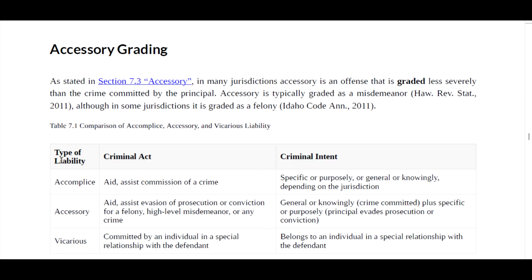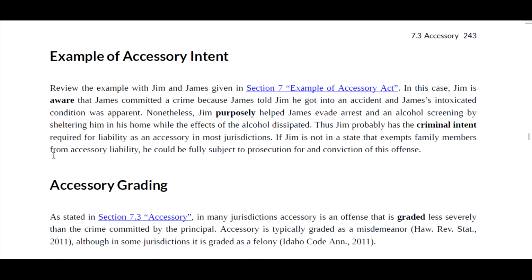And so, much like everything else, I just want to identify that this is why it's important to understand the complexities of criminal justice and why you being in this class right now is a big deal.